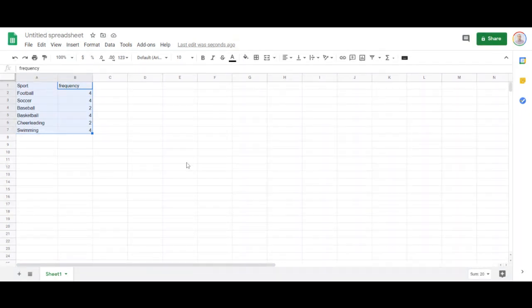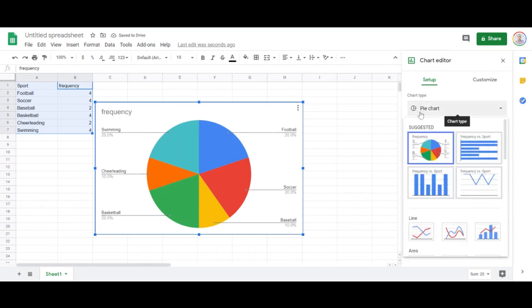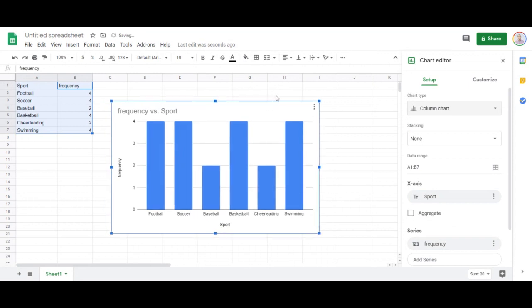Okay, that's a pie chart. It's not what we want yet. So again, for us, a bar chart is what Google Sheets calls a column chart. As you can see, this is what we get. Okay, so that's what we got here. Not bad. All right, the bar graph.